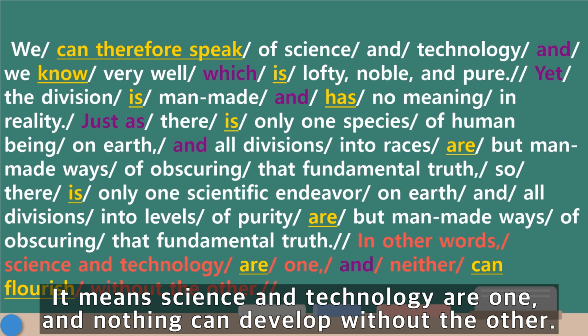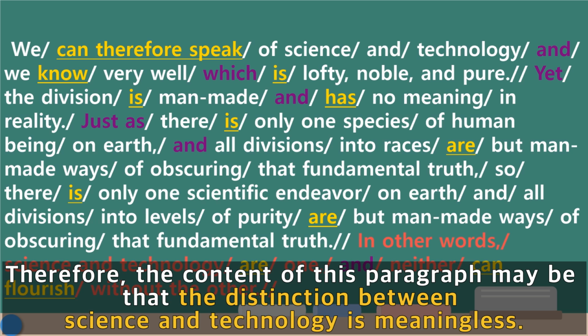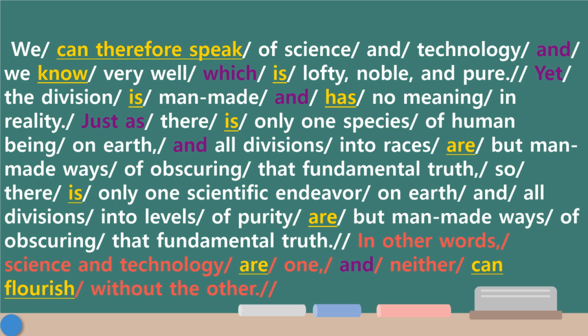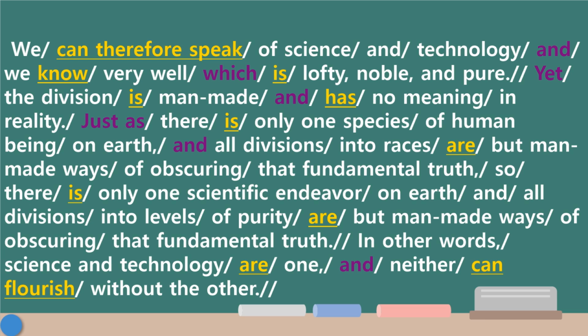It means science and technology are one, and nothing can develop without the other. Therefore, the content of this paragraph may be that the distinction between science and technology is meaningless. Please interpret the rest parts.